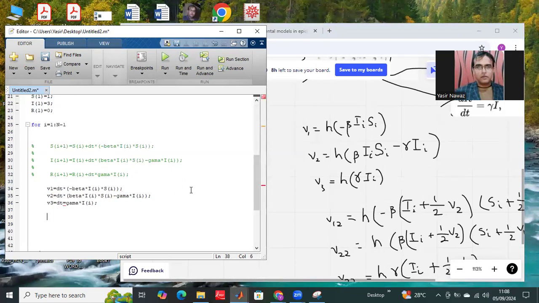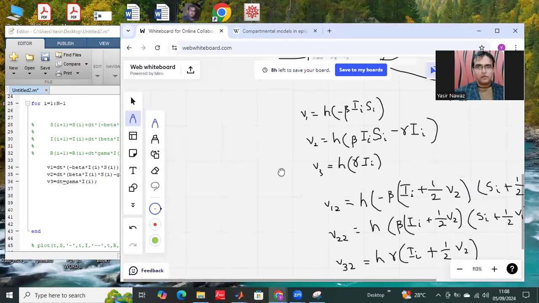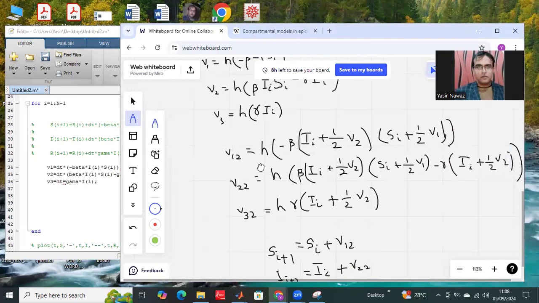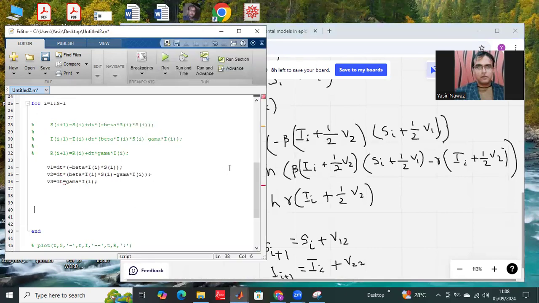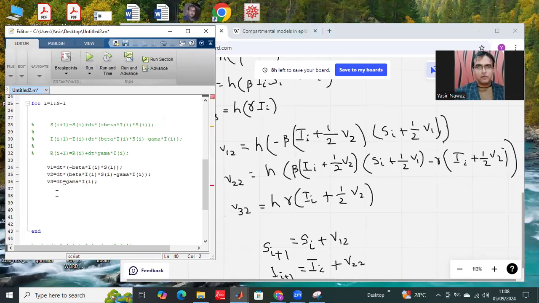Now I move to the second stage of the Runge-Kutta. The second stage is this one. So the second stage will be V12.